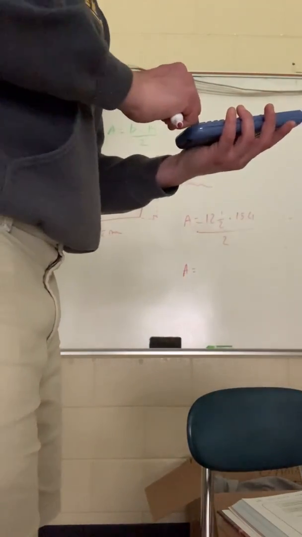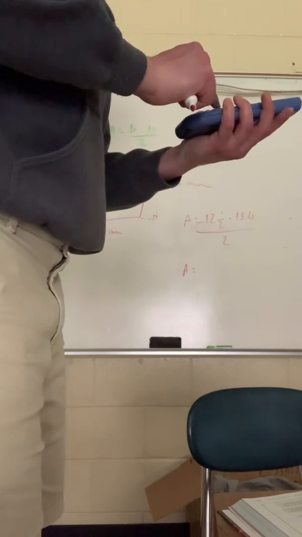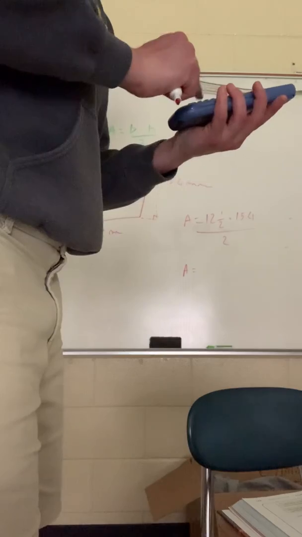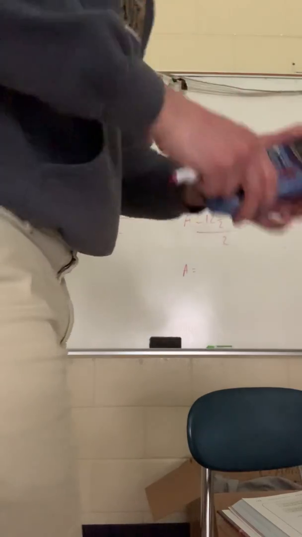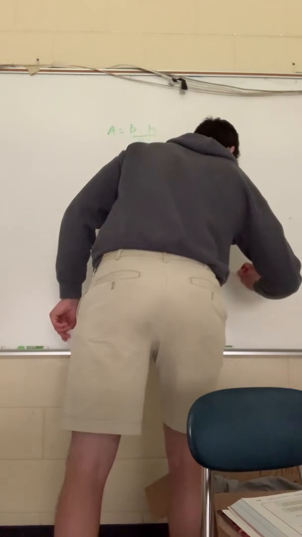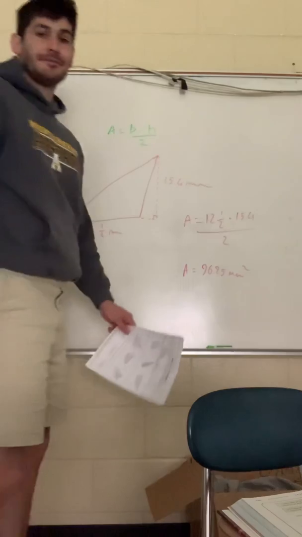So 12.5 times 15.4 divided by 2, it is 96.25 millimeters squared. Okay?